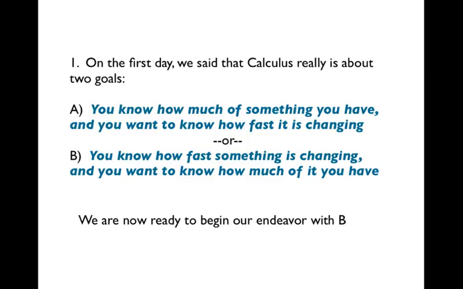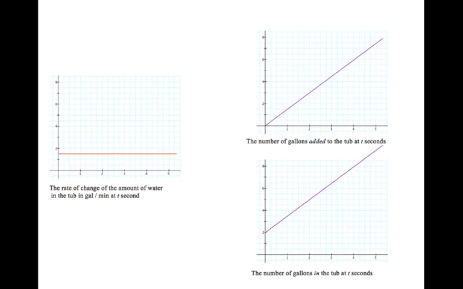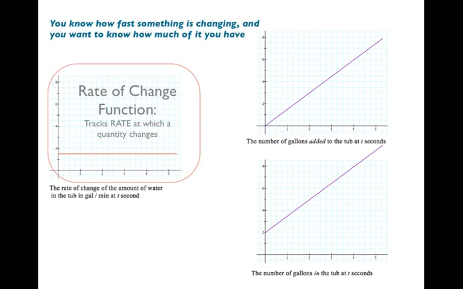So this phrase, you know how fast something is changing. How would you know? What would you have that would tell you how fast something is changing? Rate of change function, right? This is describing some rate of change function for some quantity. So based on that rate of change function for that quantity, we want to build what? Total accumulation function. Or both, either one of these.